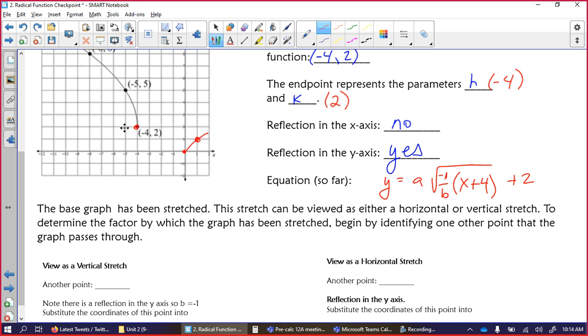If I go over 1 and up 3, this looks to me like a vertical stretch of 3. So we could say y equals 3. Well, there's no b, so that's just negative x plus 4, plus 2. So that's one way to look at it.